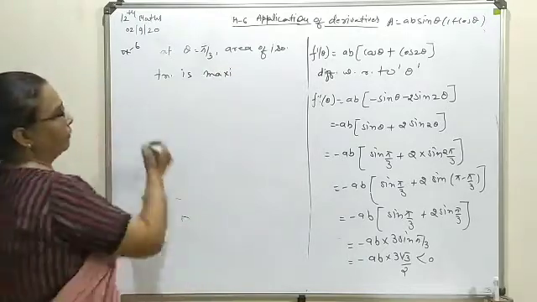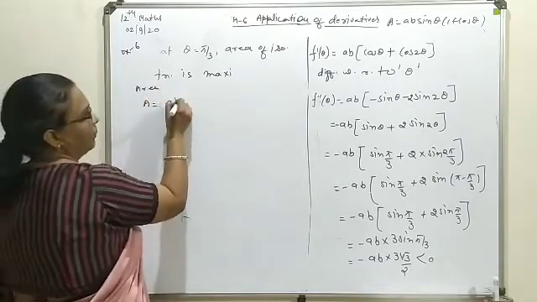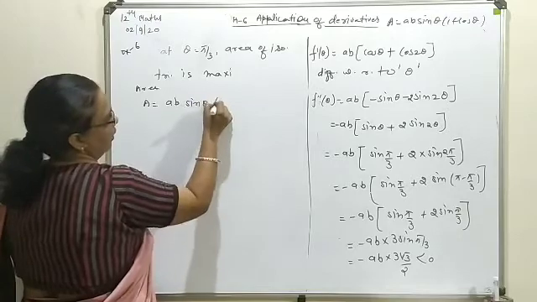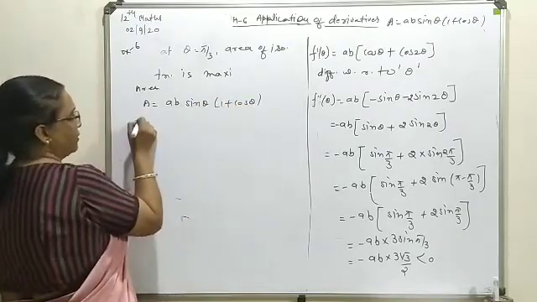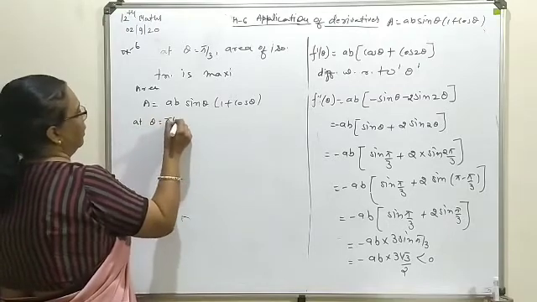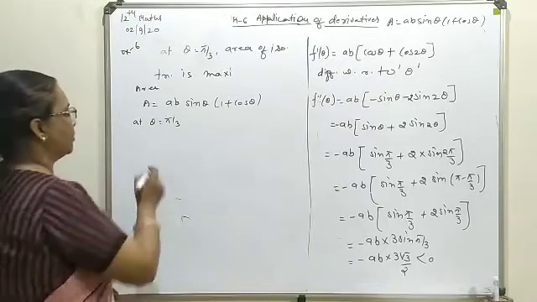So the area we have evaluated is AB sin theta into 1 plus cos theta. It is to be evaluated at theta equal to pi by 3. So go for substitution here.